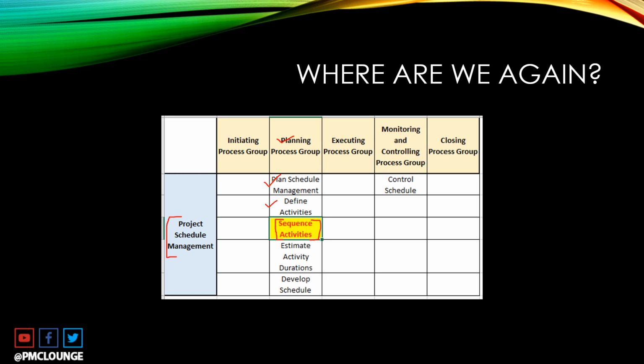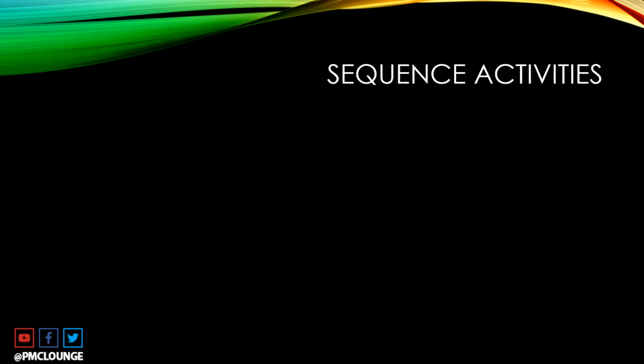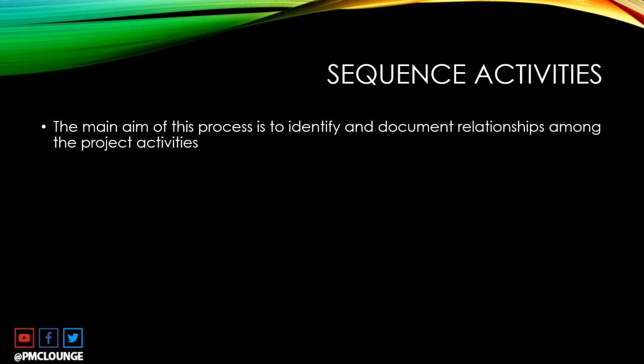Let's talk about the sequence activities process. The main aim of this process, as the name goes, is to create a sequence of the activities. But other than that, the main aim is to identify and document relationships among the project activities.